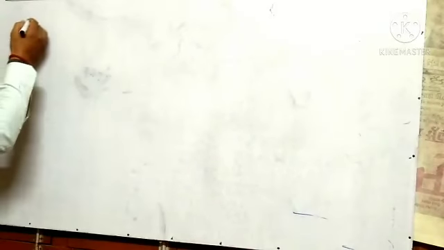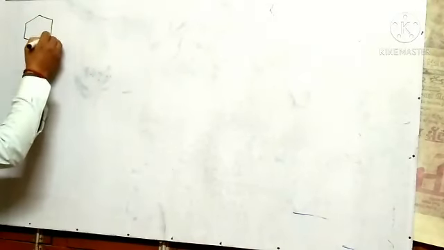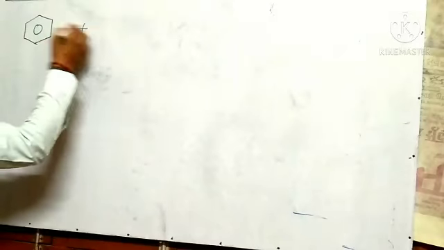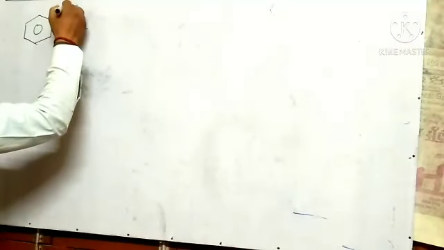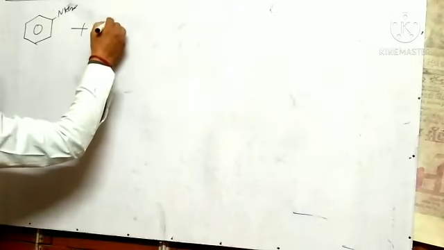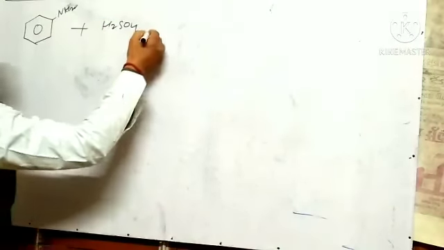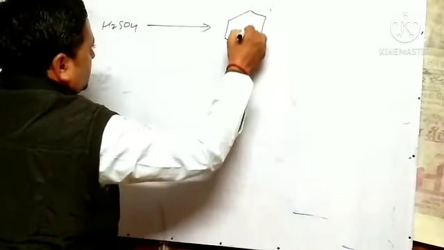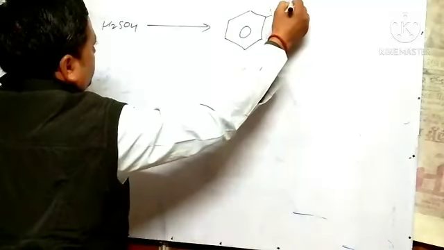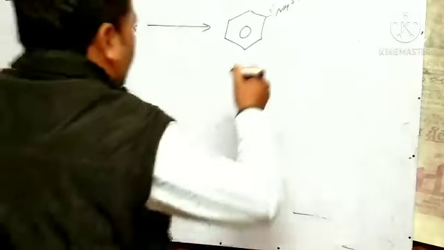So what we have seen here, when aniline reacts with concentrated H2SO4, it forms anilinium ion. This forms NH3 plus, what is that? Let us see, anilinium hydrogen sulfate.